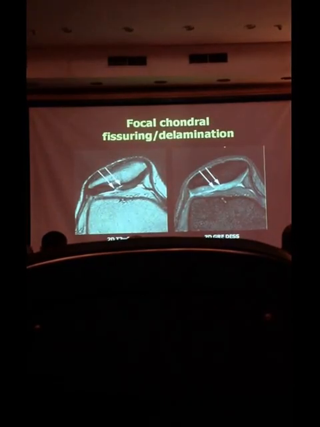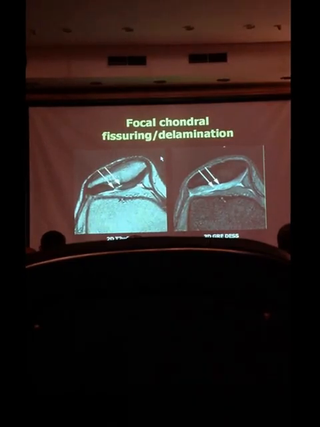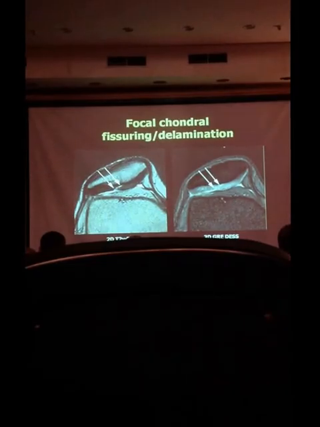Here is another example of how it's important to know how to manipulate contrast between different tissues when assessing, especially in this case, the articular cartilage. So it's the same slice, the same axial slice, the same knee, using two different techniques. So this is a gradient echo technique, and this has some issues regarding detection of very focal chondral pathology, and we'll discuss that later.